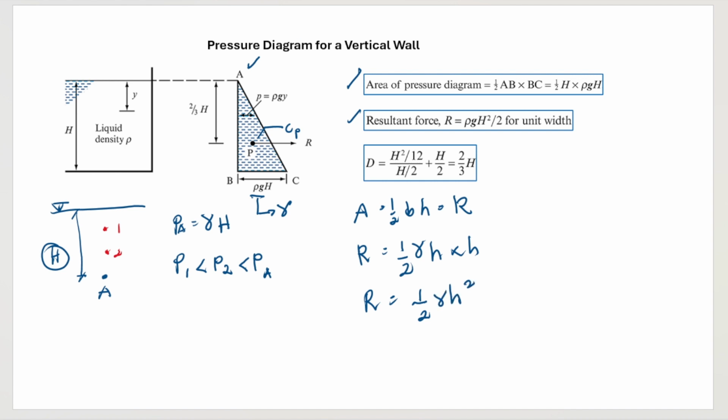Remember, this 1/2 gamma h squared is per unit width or length.